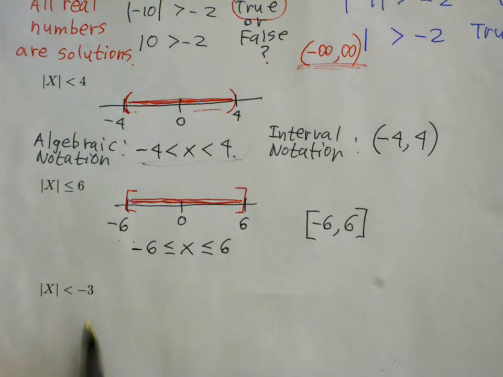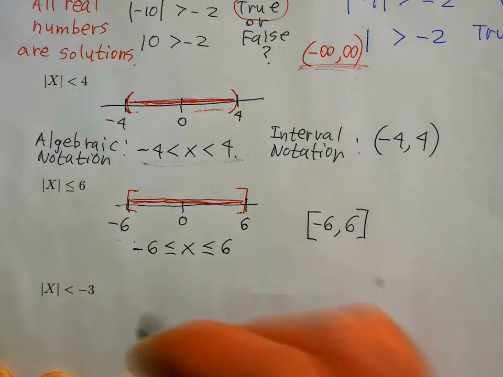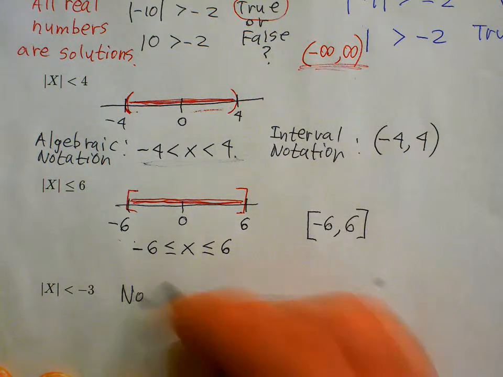Is a positive number less than -3? No. A positive number is never less than a negative number. So that means this inequality has no solution. There are no numbers whose distance from 0 is less than -3. Does this make sense? So no solution.